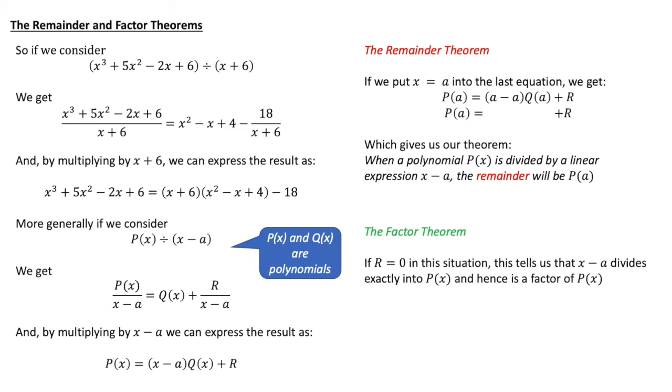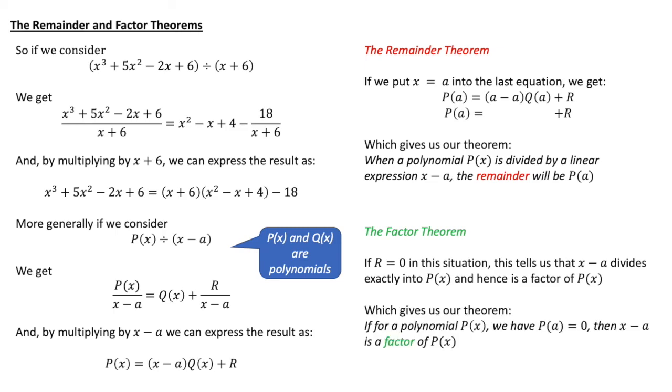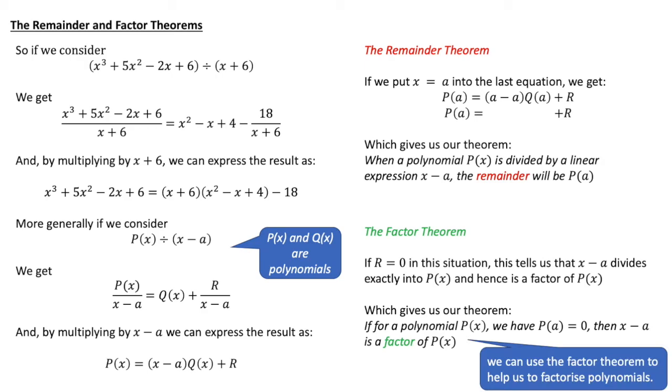And that tells us that x minus a is a factor of p of x. Okay, so if we state the theorem, if for a polynomial p of x we know that p of a is 0, then that tells us that x minus a is a factor of p of x. Now, practically speaking, this is really useful for factorizing polynomials.